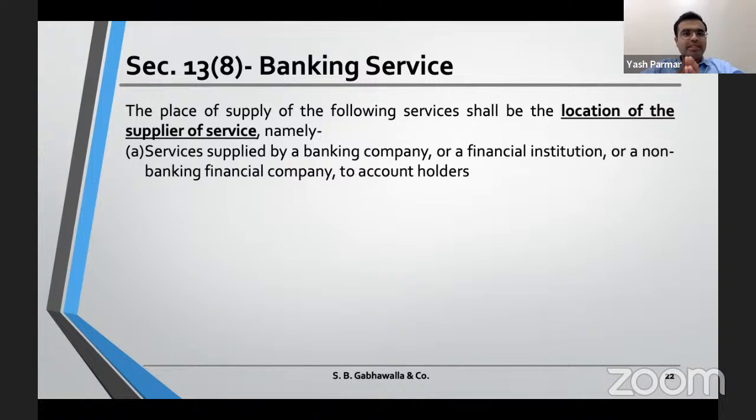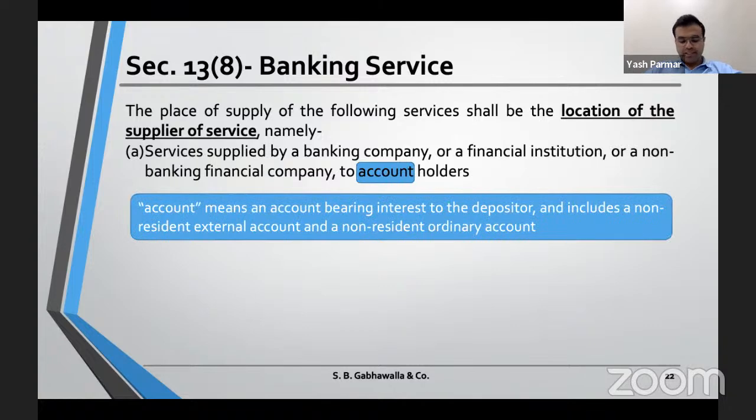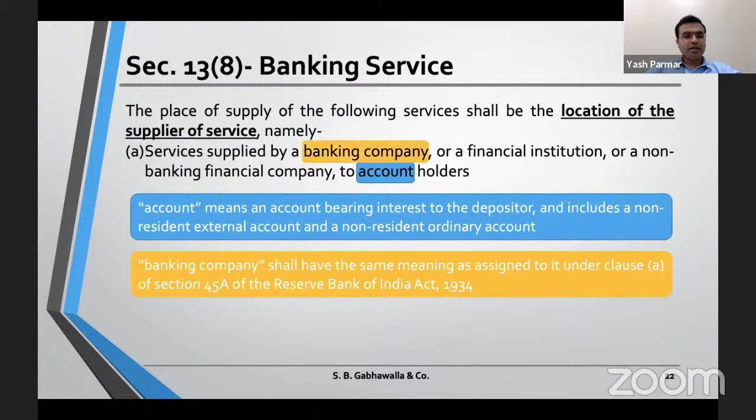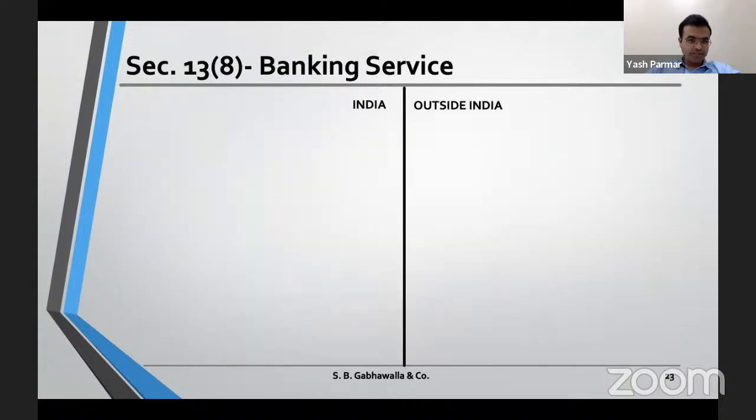That is, the location where the banking company or the financial institution is situated will be the place of supply of service. In this subsection, they have also defined the terms account, banking company, and financial institutions.